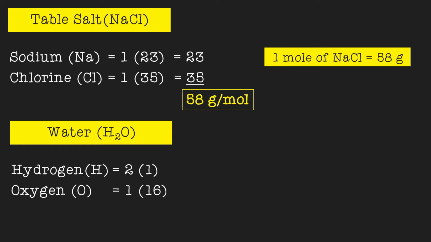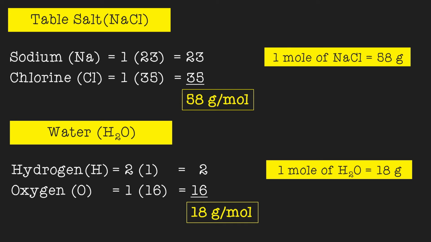Multiplying the number of atoms to the atomic mass, hydrogen has 2, while oxygen has 16. Summing it up, we get a result of 18 grams per mole. It means 1 mole of water weighs 18 grams.